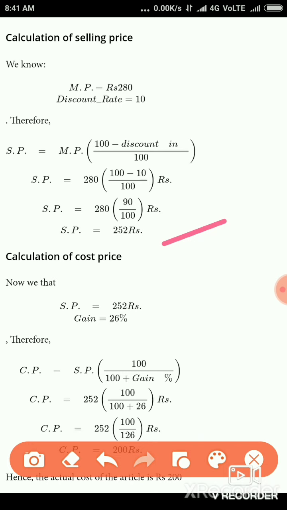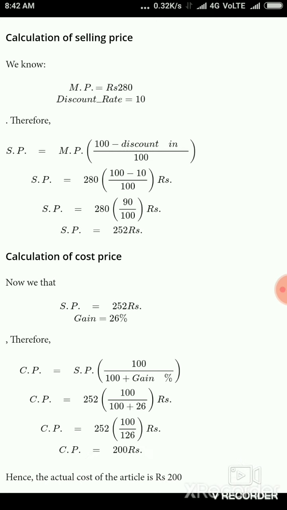So we will apply the method as we have already applied in worksheet 1. How to calculate CP? What is the formula for calculating CP? CP is equal to SP into 100 divided by 100 plus gain percent. Okay, so CP is equal to 252 into 100 divided by 100 plus 26, and you will get rupees 200. This is the actual cost of the article.